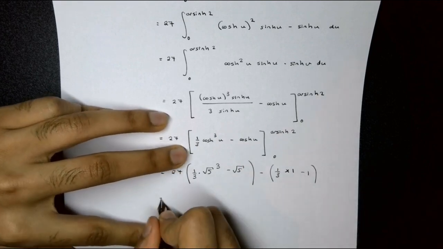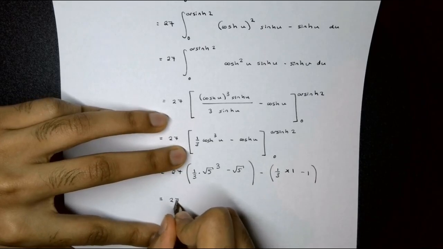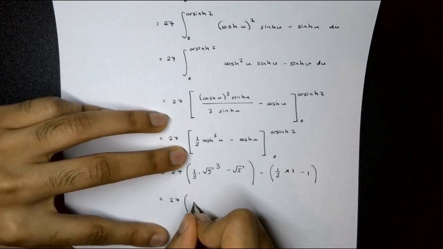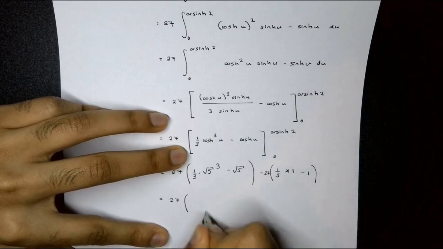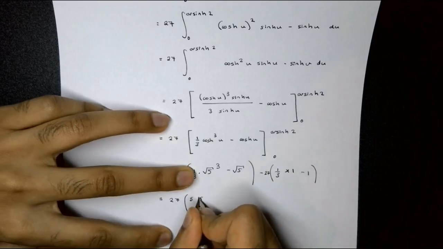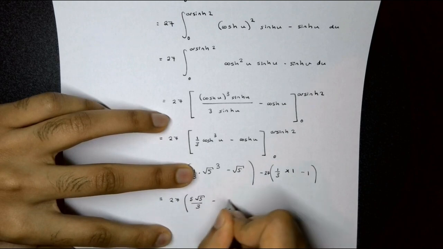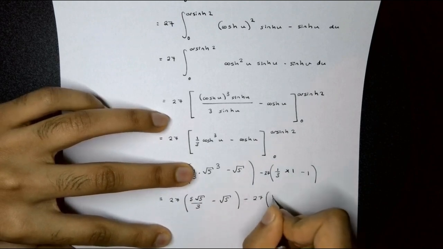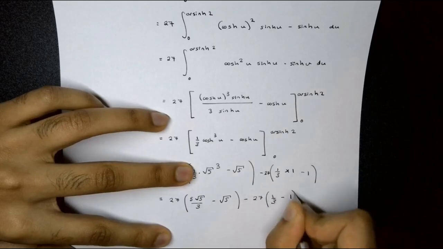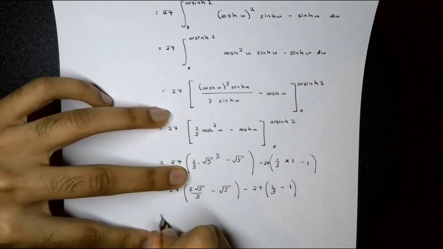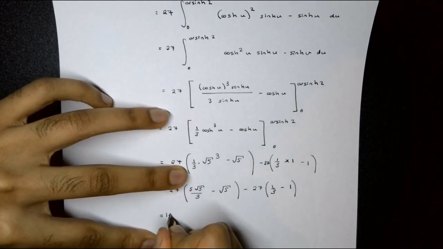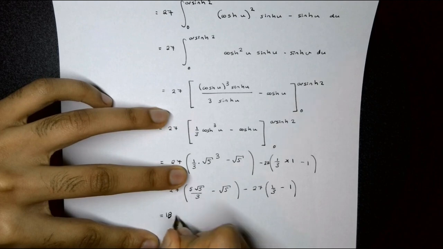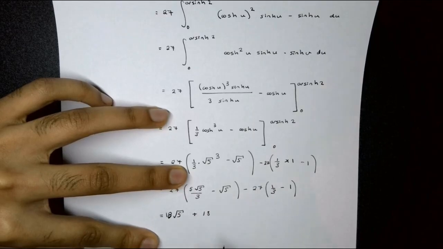So if we tidy all of this up, we have 27 lots of 5 root 5 over 3 minus root 5 minus 27 lots of 1/3 minus 1. So if we tidy all of this up, we end up with 18 root 5 plus 18 as our final answer.